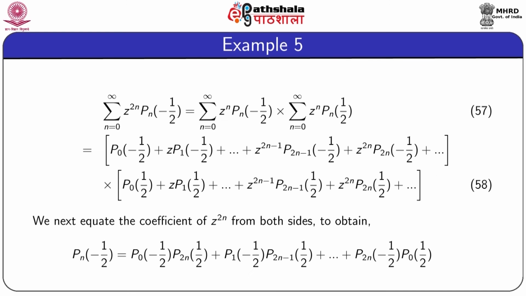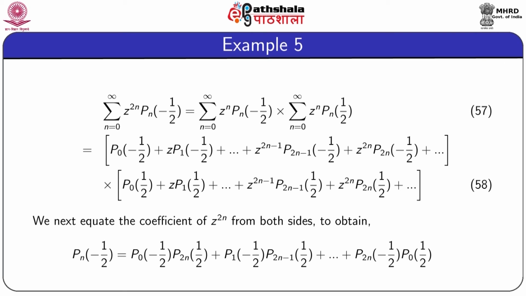What we do now is we expand the summation n equal to 0 to infinity z to the power n P_n(-1/2) multiplied by summation n equal to 0 to infinity z to the power n P_n(1/2) in equation 60, and if you do that you will be getting equation 61. Next we equate coefficient of z to the power 2n from both sides.